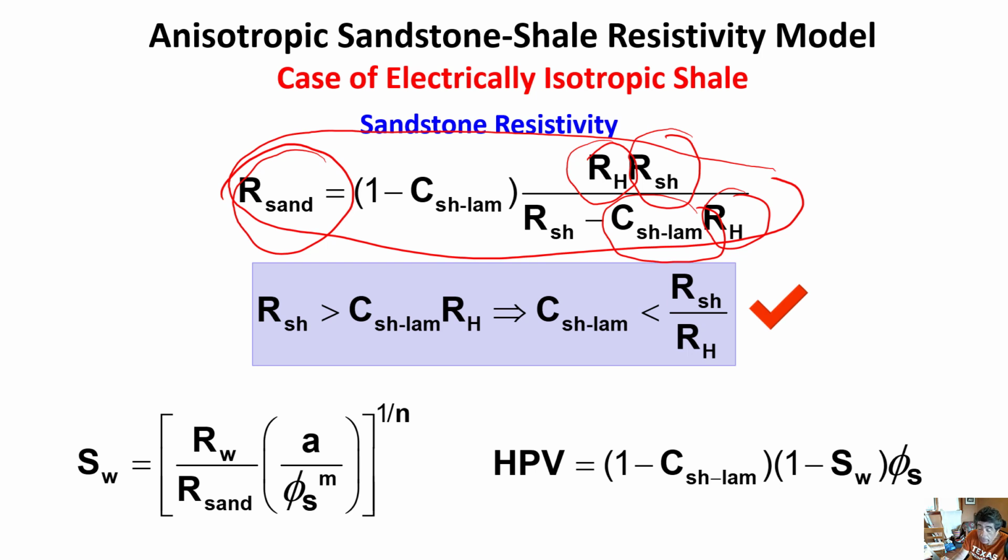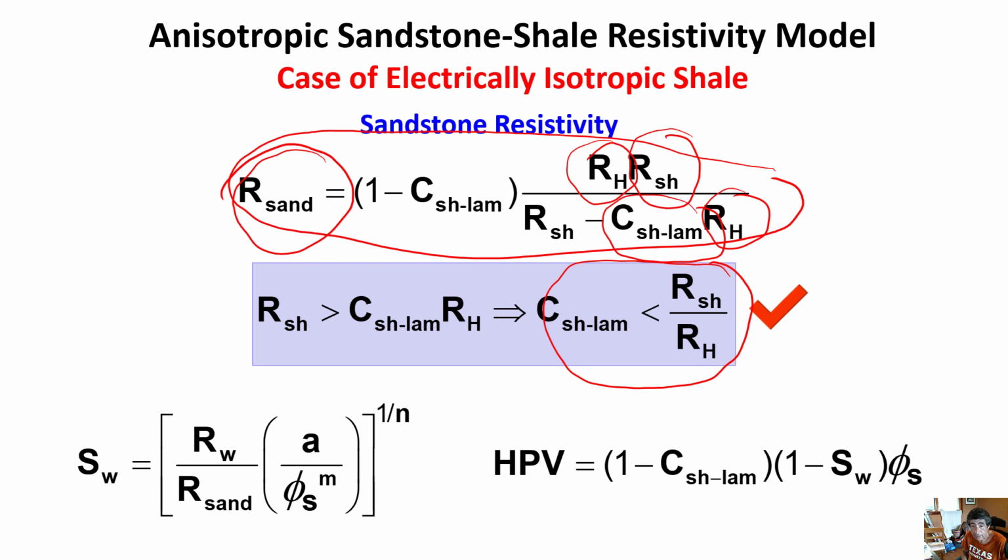So this calculation requires that the denominator be positive. It's an important thing. And in order to abide by that assumption, we need the volumetric concentration of shale to be lower than the ratio of the resistivity of the shale over the resistivity of the measurement parallel to bedding plane.